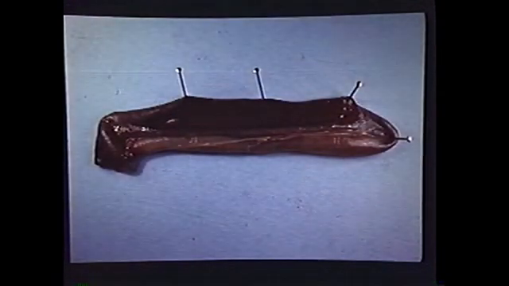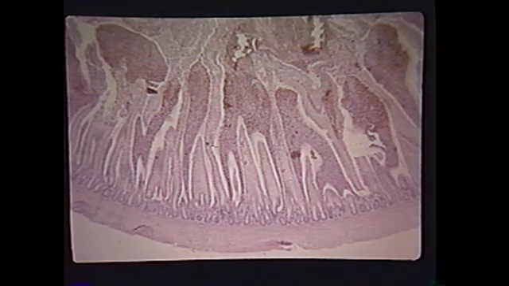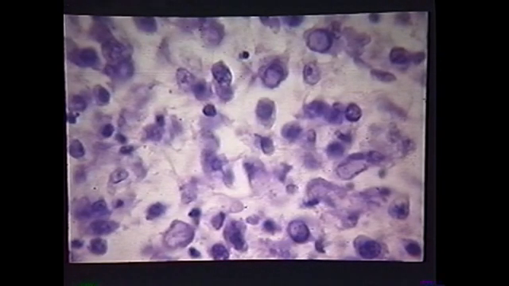Looking at the small intestine from a turkey, the intestine is filled with dark brown blood. This is a histologic section of the small intestine. You can see necrosis of the tips of the villi and massive hemorrhage between the villi. At higher magnification, you can see intranuclear inclusion bodies.